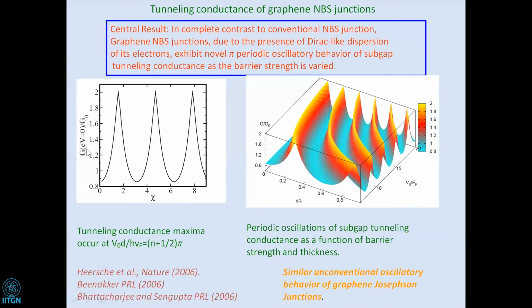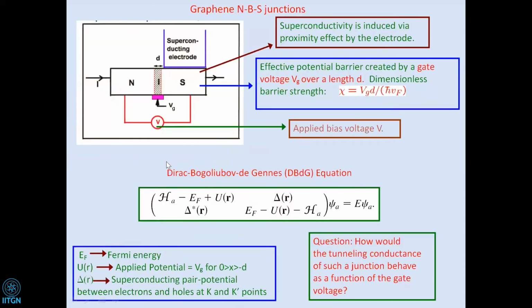Essentially, if you fix your applied voltage very close to 0, that is, if you are right in the middle of the gap, you find that as you increase this barrier potential, so this is now the dimensionless barrier potential, which is this Vg in dimensionless units, okay, this chi is Vg times d, which is the thickness of the barrier, divided by h bar Vf.